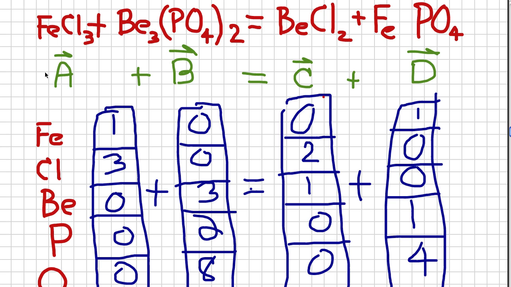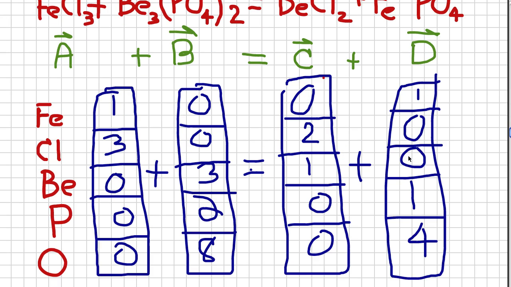Now, as I said, I'm going to multiply this by a constant A, this by a constant B, and that has to equal constant C times this plus constant D times that. So the equation will look something like A times 1 plus B times 0 has to equal C times 0 plus D times 1. A times 3 plus B times 0 has to equal C times 2 plus D times 0, and so on.